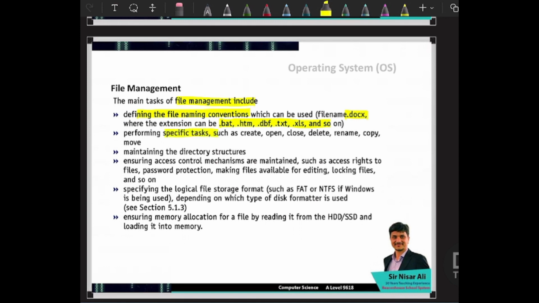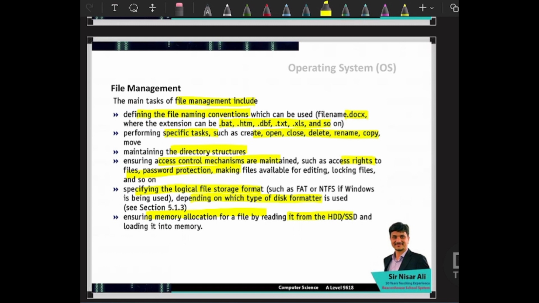It performs specific tasks such as create, open, close, delete, rename, copy, move, maintaining the directory structure, and ensuring access control mechanisms, access rights to the file, and password protection. It also specifies the logical file storage format like FAT and NTFS, the file allocation table, depending on which type of disk formatter is being used, and ensures memory allocation for a file by reading it from the hard disk drive or the SSD and loading it into memory.